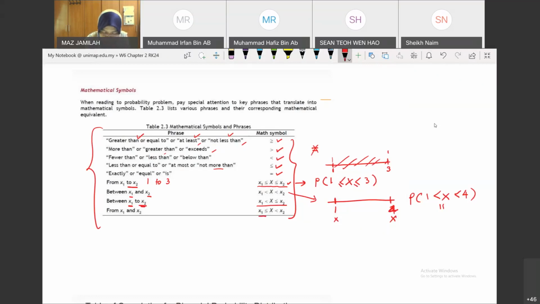And from x1 to, with x2 not included, means x1 is included and x2 is not included. So please understand the phrase and the math symbol for each phrase, because it will give you a hint of what the terms are for the X that you are referring to in your given equation. Any question so far, class?